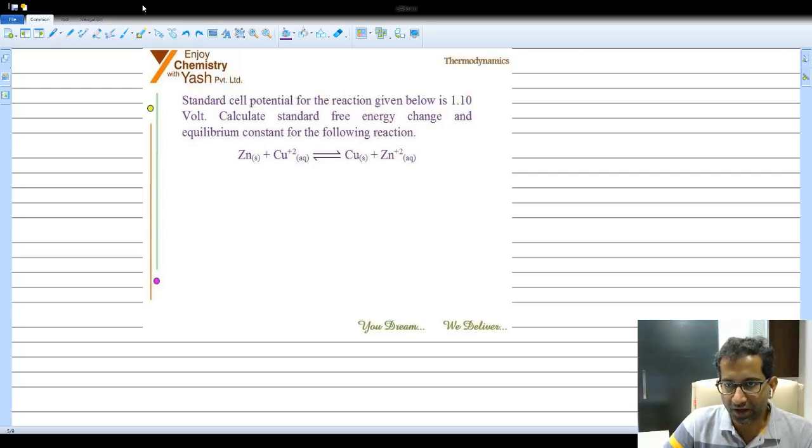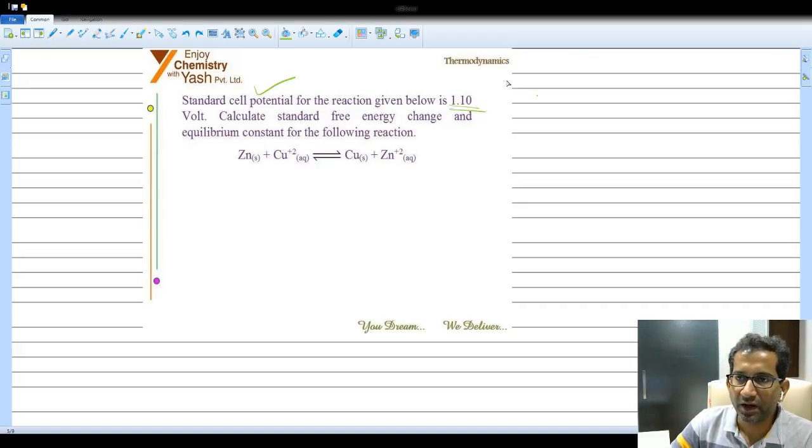Calculate standard free energy change and equilibrium constant for the following reaction. Now look at the question. You are given standard cell potential, that is 1.10 volt, and we have to find out the equilibrium constant for this reaction. Now what should be the scheme?